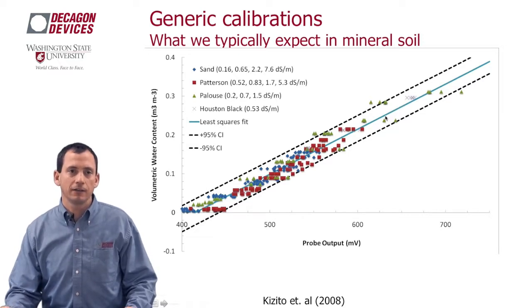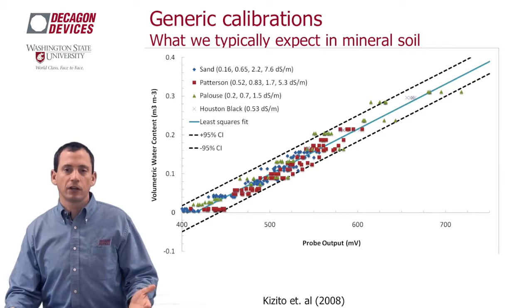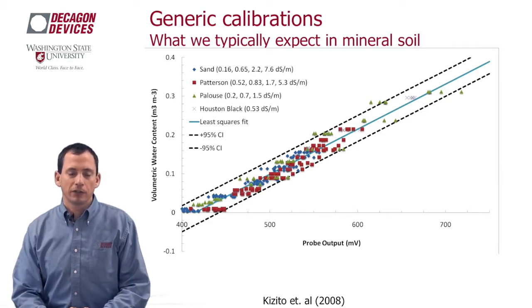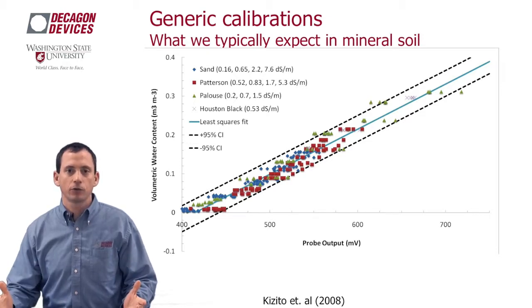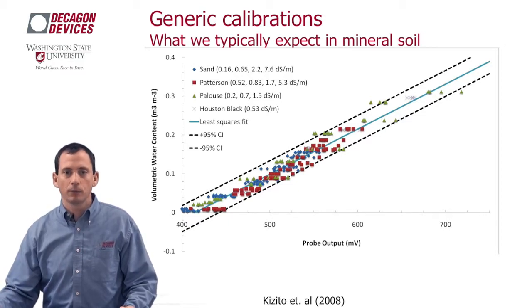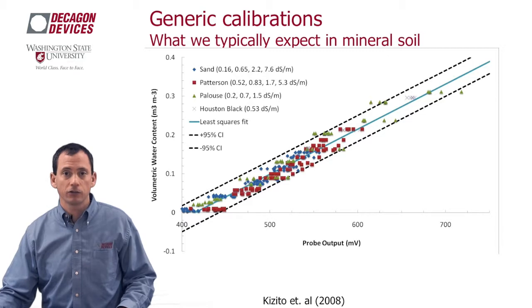If you take the 95% confidence interval on both sides of that, you'll see that it corresponds to about plus or minus 3% volumetric water content. We don't particularly like doing this, but our customers demand that we give them a generic relationship between sensor output or dielectric permittivity and water content that they can use for at least a first approximation.